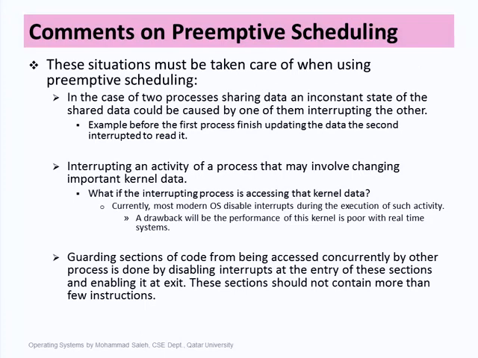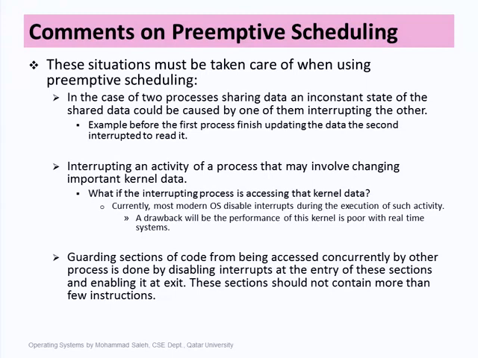With preemptive policies, where we can interrupt a process under execution, we have to take some precautions. If a process is executing and suddenly it is interrupted, it has to be moved out, and another process has to take over. This interrupted process might be executing a critical section of the code.